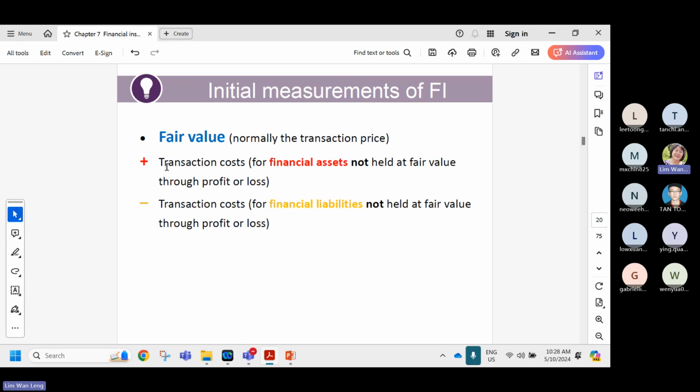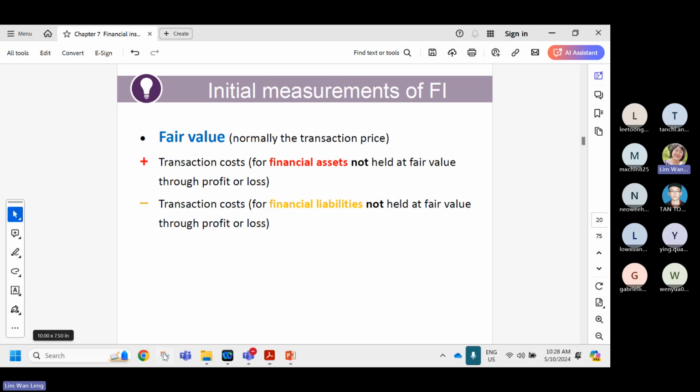So the transaction costs that you incur, you also need to do something in the books. Okay, so they tell you if you have transaction costs being incurred, and if this is with respect to financial assets, then you have to add. Okay, you have to add to the fair value at the initial recognition.